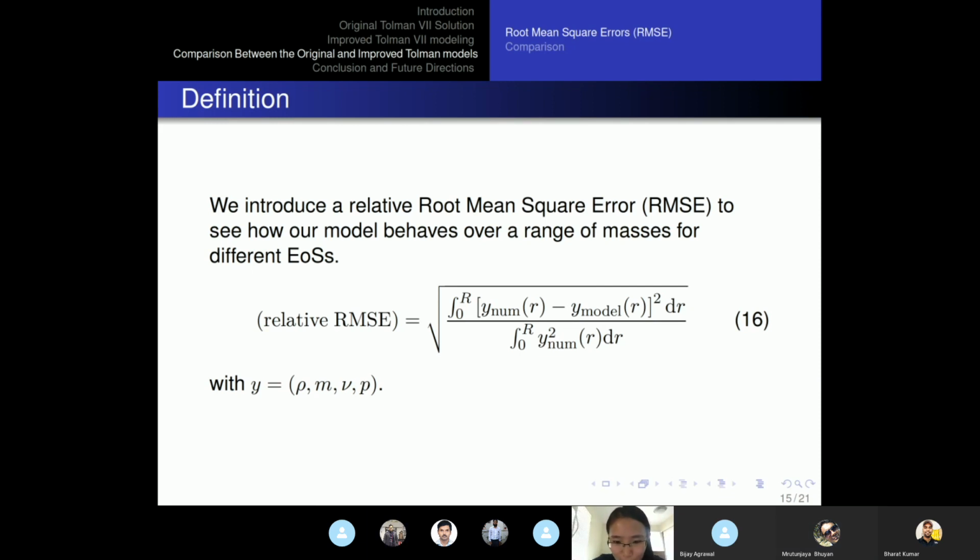And for Y numerical, we have already produced that; it is just the numerical results of the solutions. So by error you mean the exact result, which you obtain numerically, with respect to the analytical result which you are obtaining from the analytical solutions.